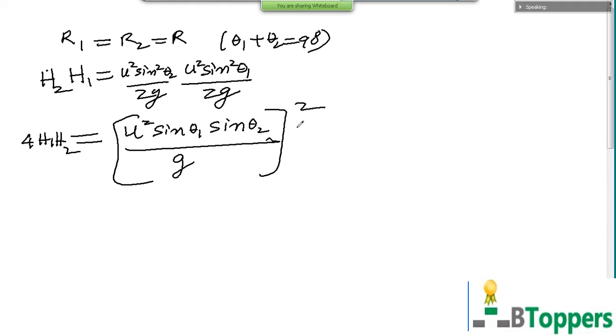So you can substitute now theta 2 equal to 90 minus theta 1, because the two angles of projection are complementary.